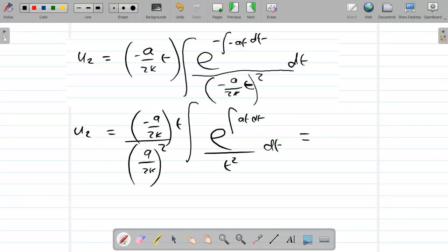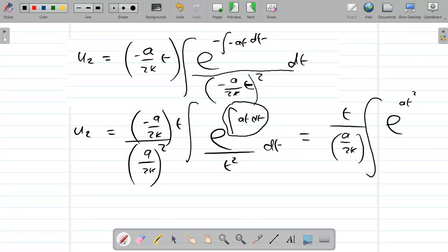So that simplifies out to give t over a divided by 2k times the integral of e to the a t squared, because we integrate this. That's a t squared, and I think it's over 2 as well.